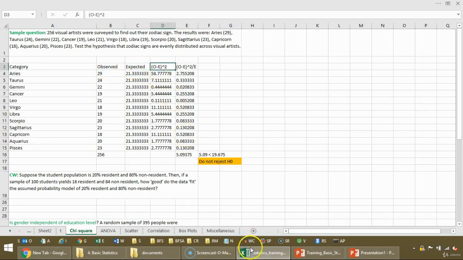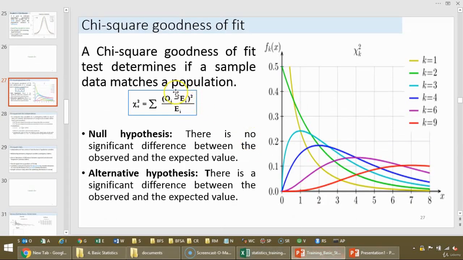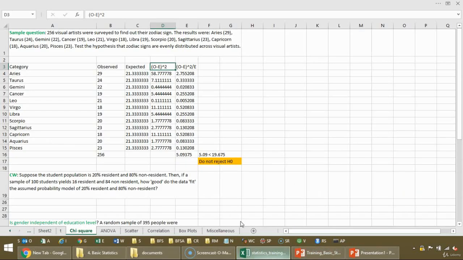So (O minus E) squared, because this is the formula, and this is what we have calculated, and this is divided by E. When we sum it up, we get 5.09.